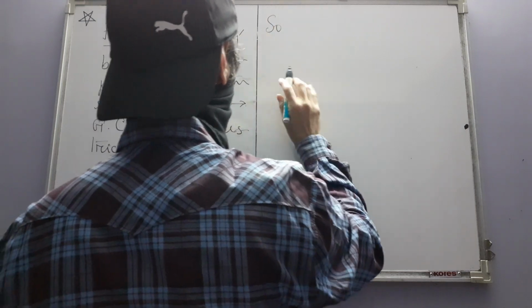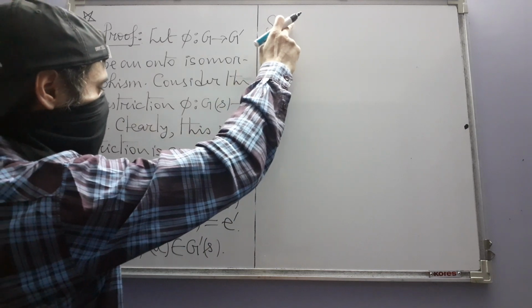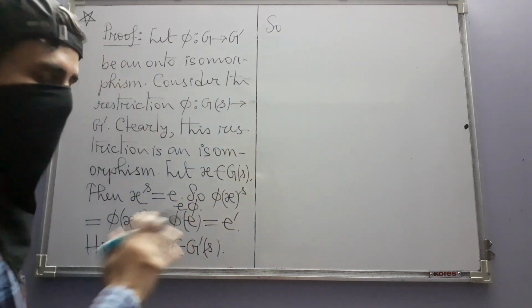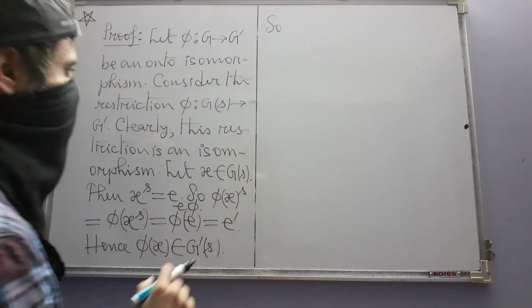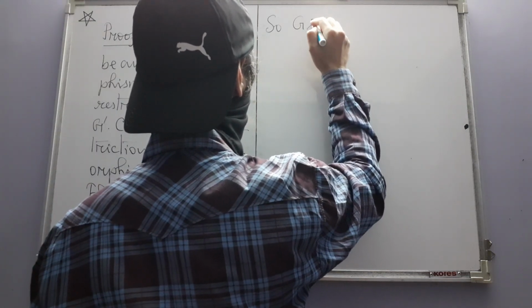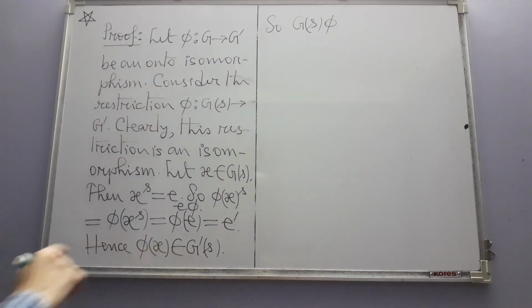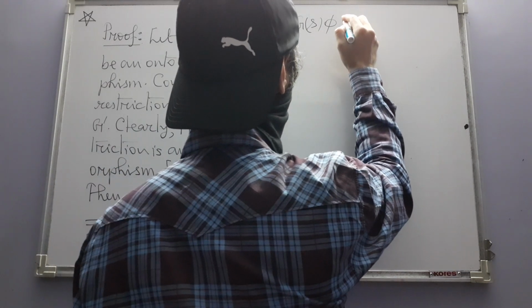So the range of this restriction, I was going to write the range, then I noticed that I made this mistake. So now I won't write phi of G of S, but this. This is contained in G prime of S.